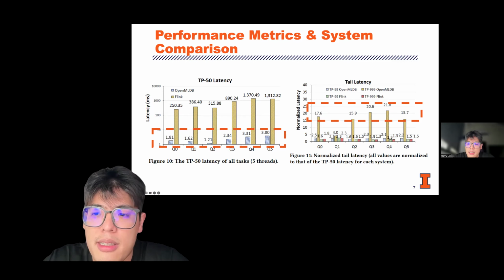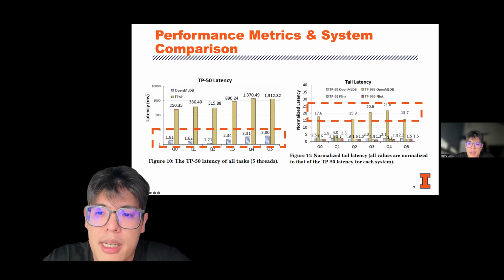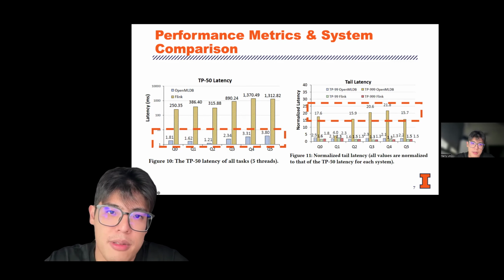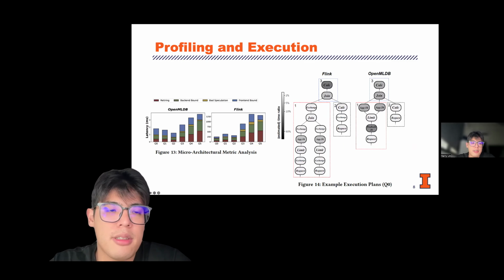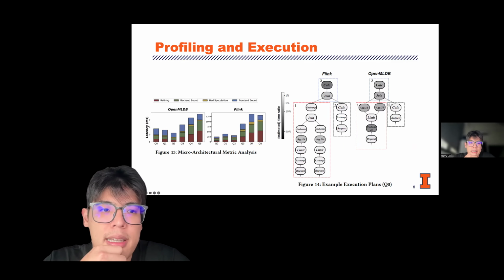That's the reason I mentioned before: OpenMLDB is nearly 100 times faster than Flink because of the coding process. The general system directly needs to use the JVM, where the other one doesn't. So let's look at the reason why this happened.